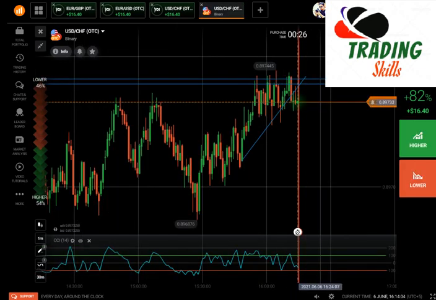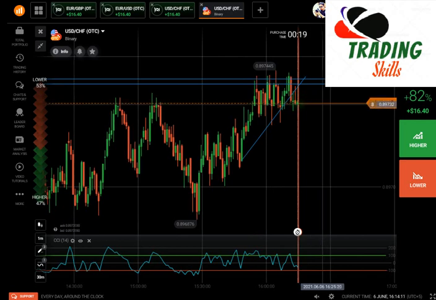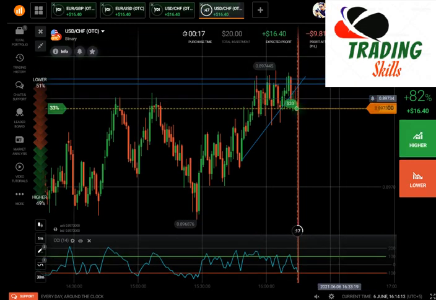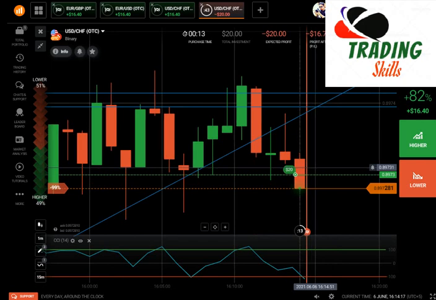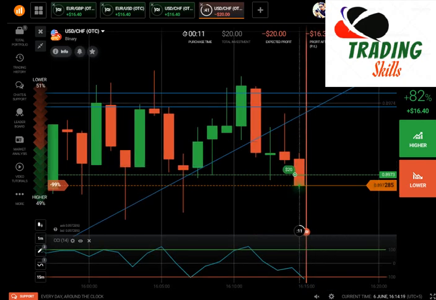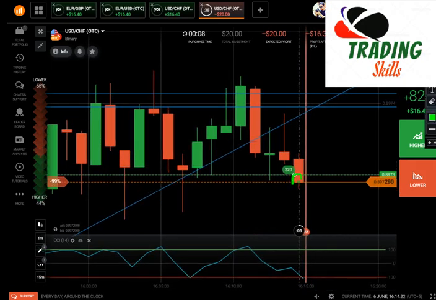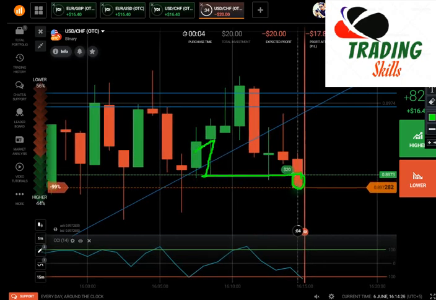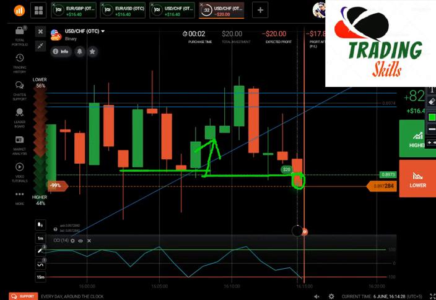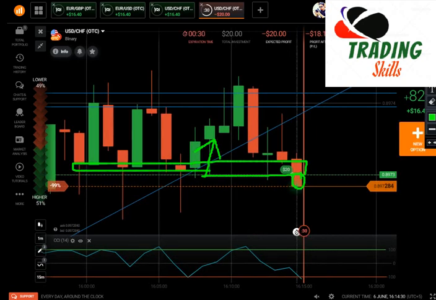Now you can see again I can go here with the buyers confidently. Now you can see I have taken my trade here. So the market has to get a big rejection and it has to close above this point, because I am seeing here a buyer's entries and this is the level.